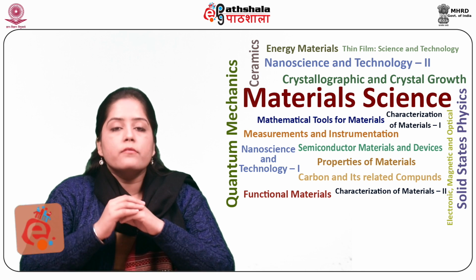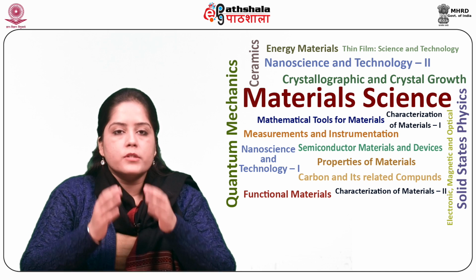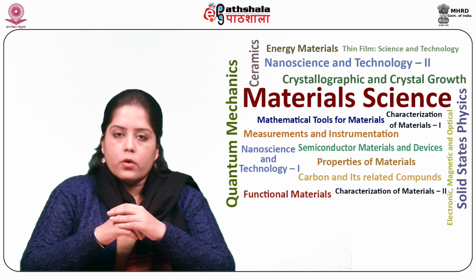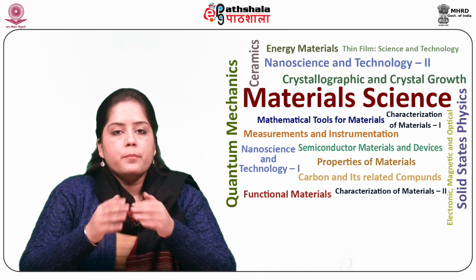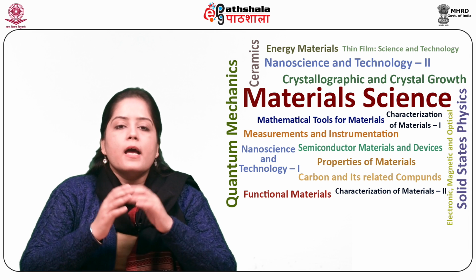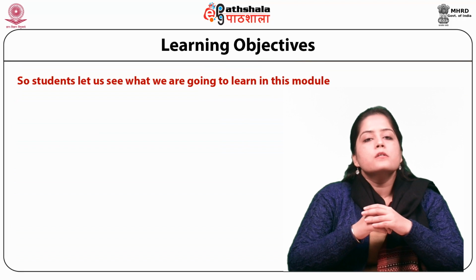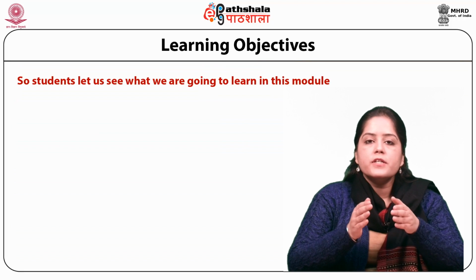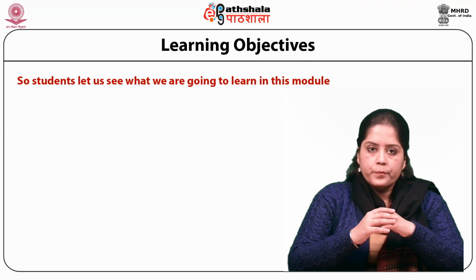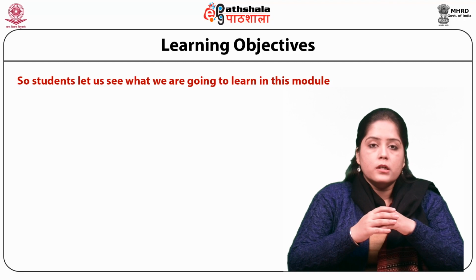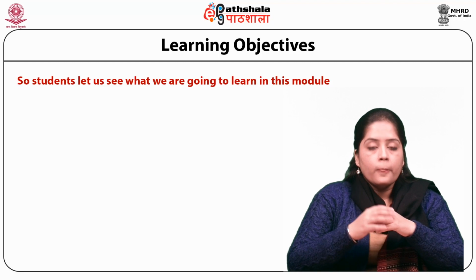So today we are going to talk on the module Quantum Dots under the paper Nanoscience and Nanotechnology. Students, after completing this module, you will be able to learn the following.